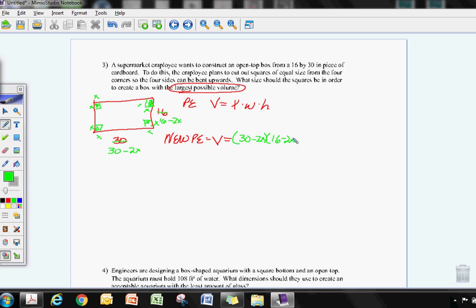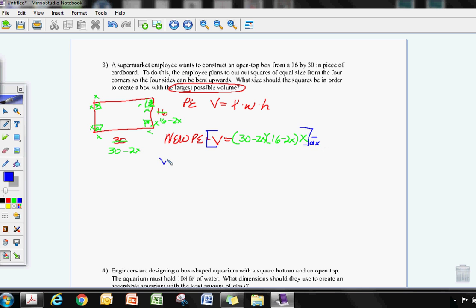And now, if you actually do the folding here, your height turns into an x. So now you have created an equation that only has one variable in it, and we are going to take its derivative with respect to x.